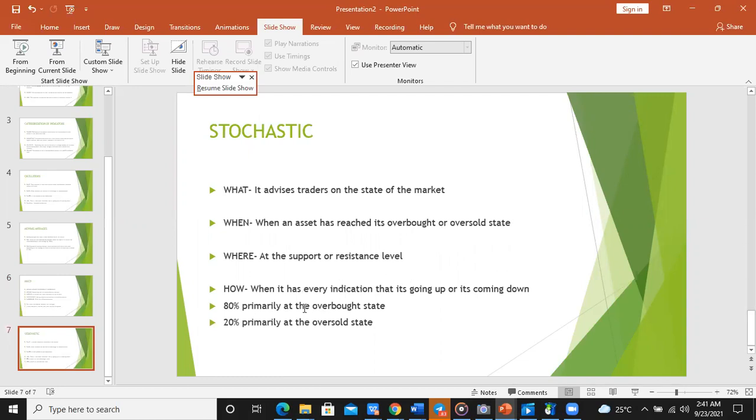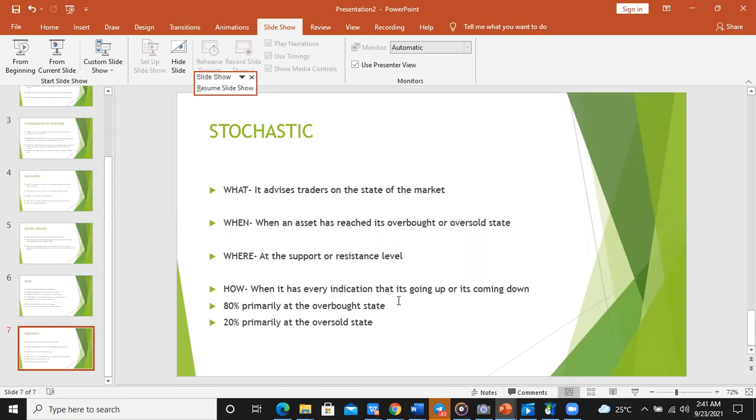So primarily, when the stochastic has reached above 80%, it is known to be what? Overbought. And 20% is known to be oversold.